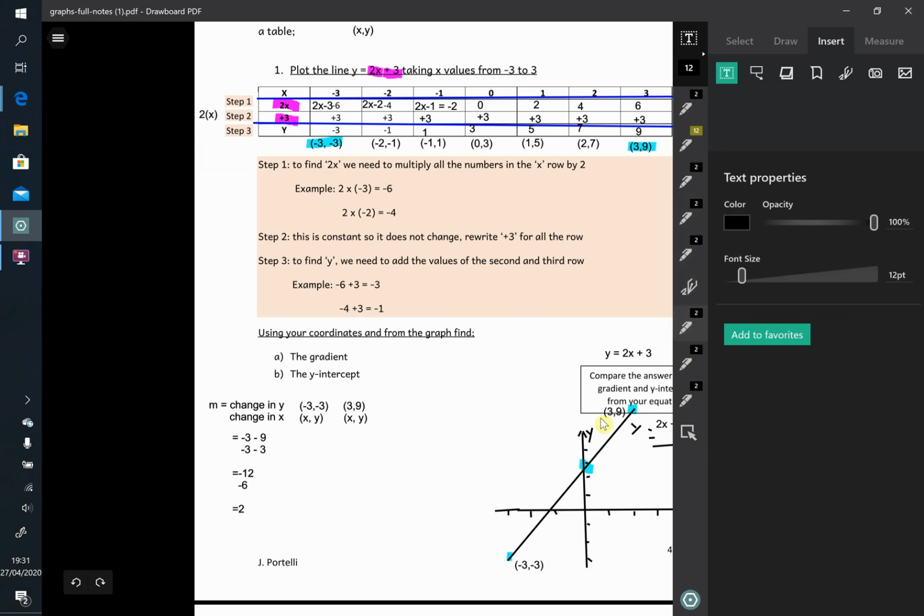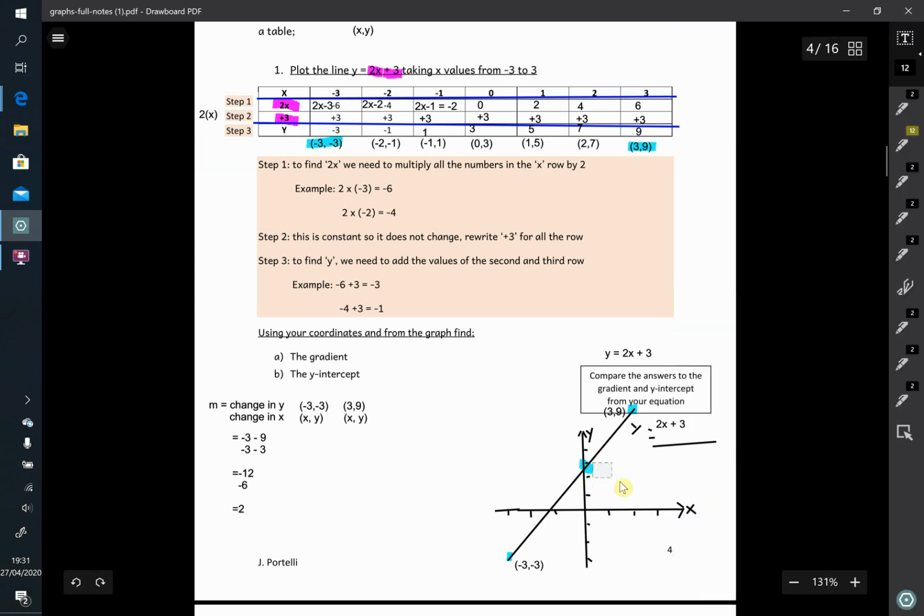When you check your graph, you will notice that the value is the number 3. So the gradient m equals 2, your y-intercept c equals 3, and it's exactly how it is with your equation: m equals 2, 2x, and c equals 3, plus 3.